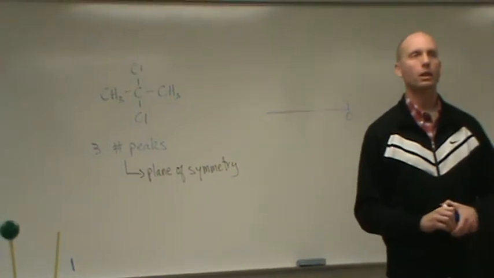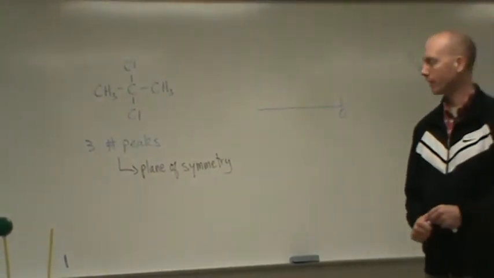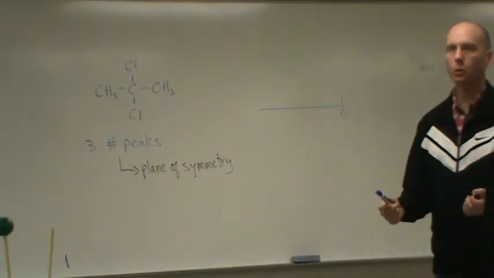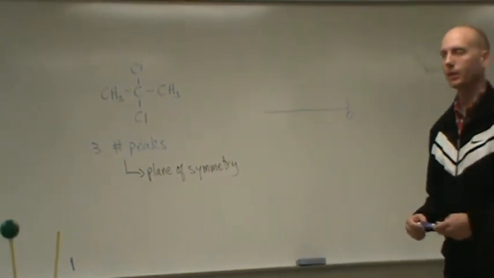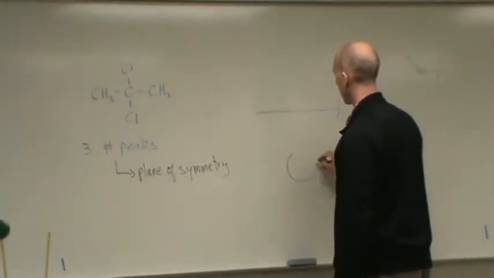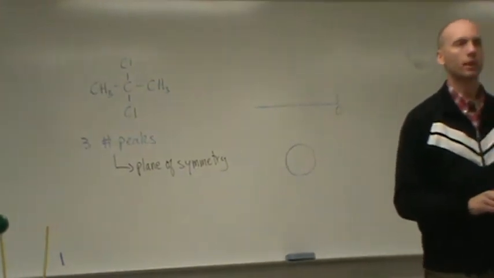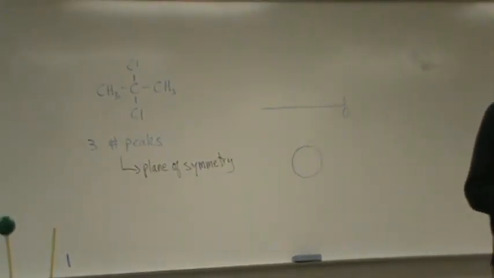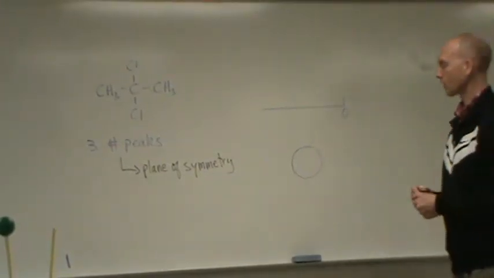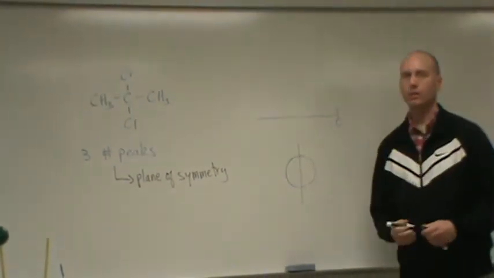You probably learned this back in stereochemistry in chapter 5. Let's do a quick review, make sure we know what it is. Suppose I had a circle here. Is there a plane of symmetry in that circle? Yes. There's a lot of them, aren't there? I'll just draw one right there.